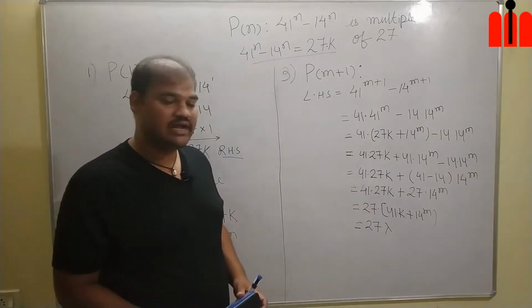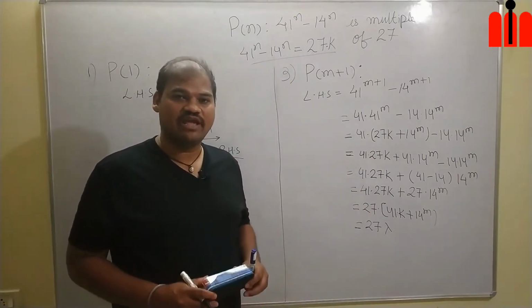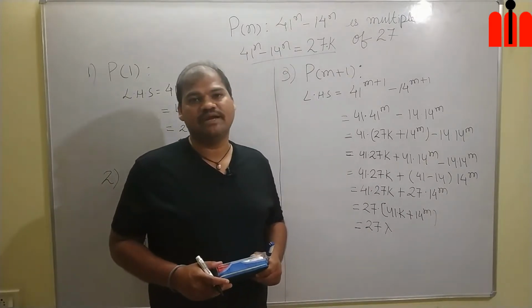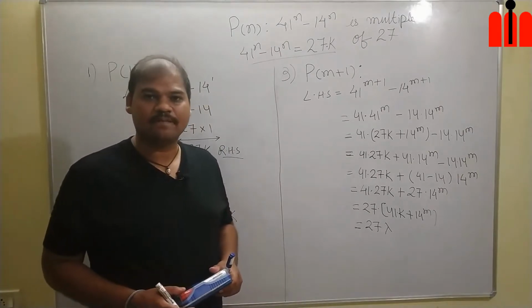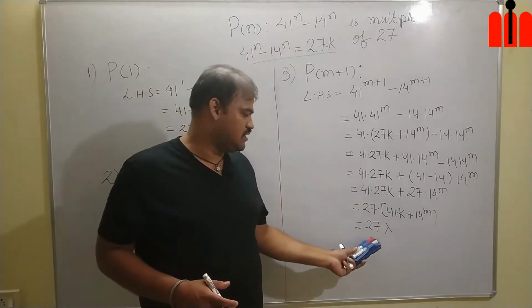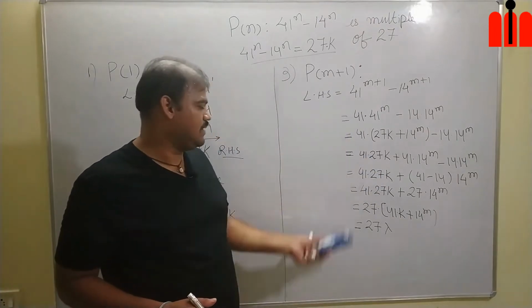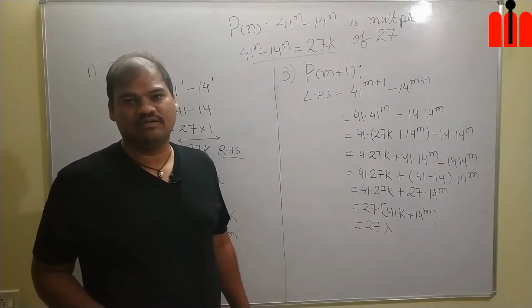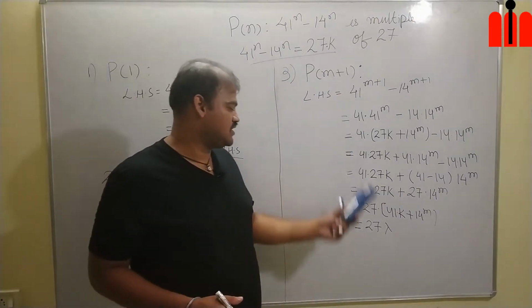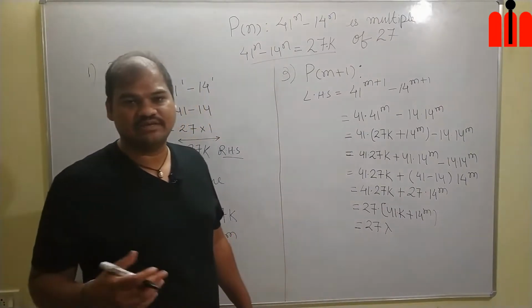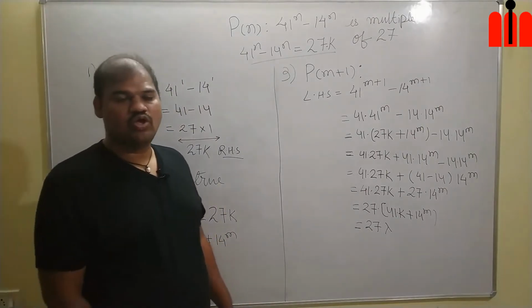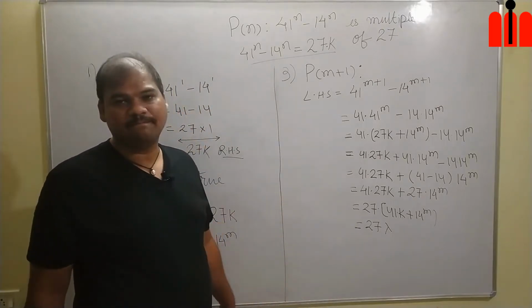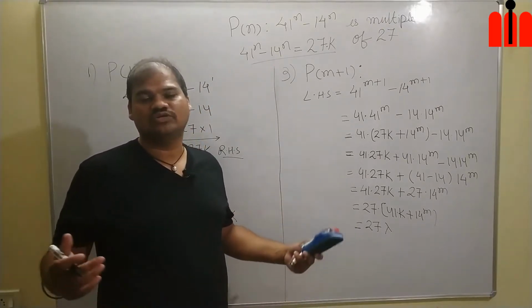So what can I frame now? I can frame that P m plus 1 is divisible by 27, because once I divide P m plus 1 by 27, I will get the answer as lambda. So my P m plus 1 is divisible by 27, or it is a multiple of 27. With this we can tell P m plus 1 is true, hence the conclusion is Pn is true.